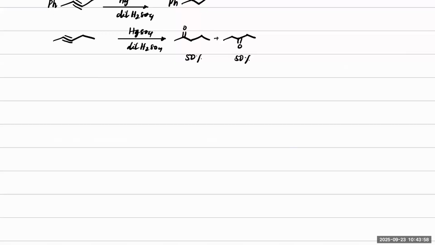Next one is hydroxylation. Hydroxylation is addition of two OH groups. Got it? Suppose you have a cis alkene, correct? And then you are treating this with alkaline KMnO4, 1% cold and dilute.